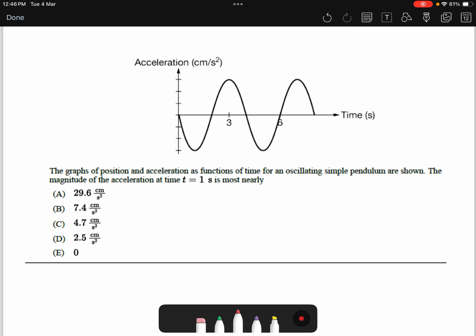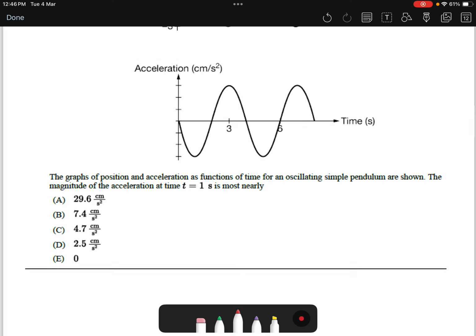When they look at the graph, it's clear that after 1 second, the acceleration will be maximum, but with a negative sign. So the magnitude is maximum.